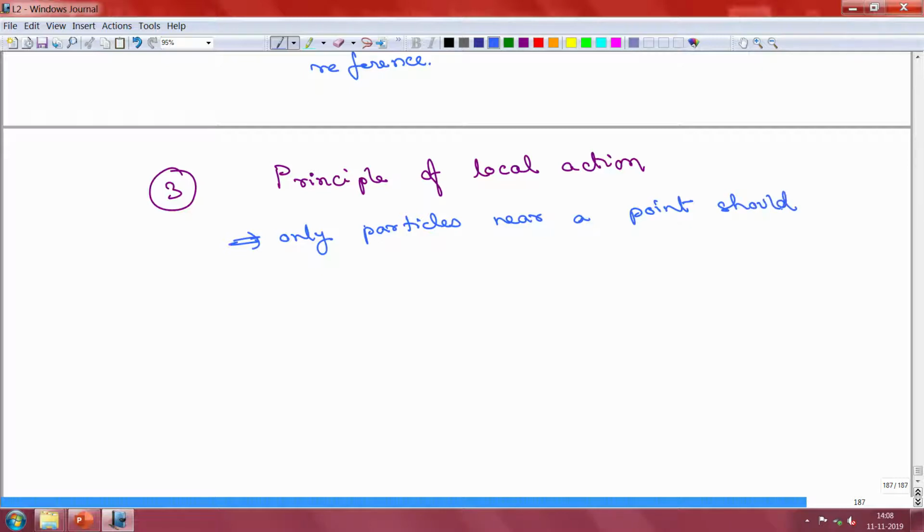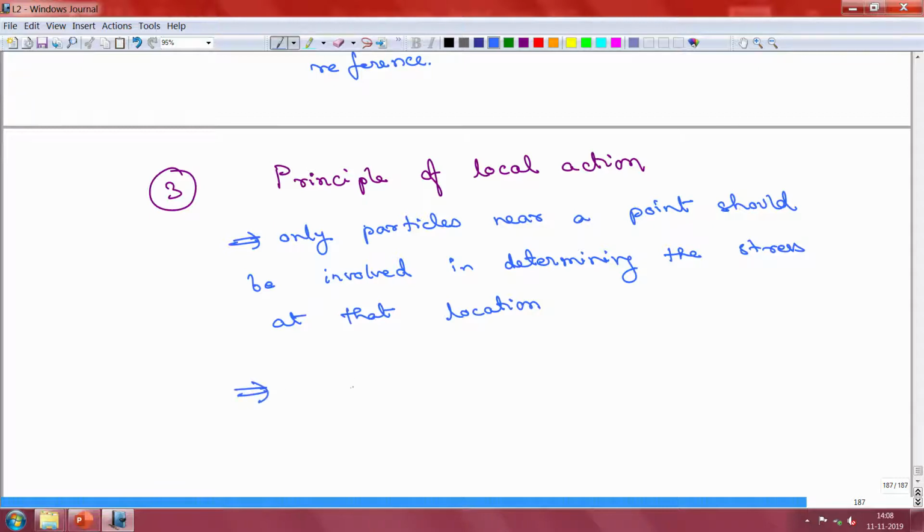Near a point implies the immediate neighborhood should be involved in determining the stress at that location, spatial location.